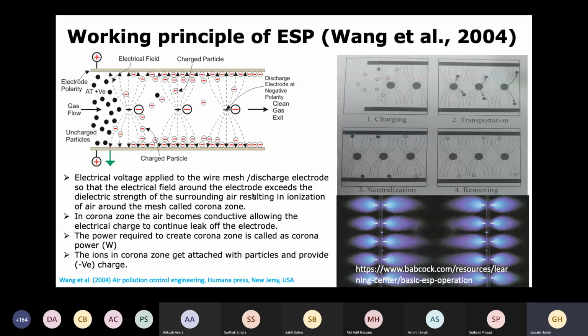Field charging is important when the particle size is large, probably greater than 2 micrometers. Maybe in other books some other value might have been given. And diffusion charging is important when the particle size is very small, when the particle size decreases. Now, is it clear what corona charge is?